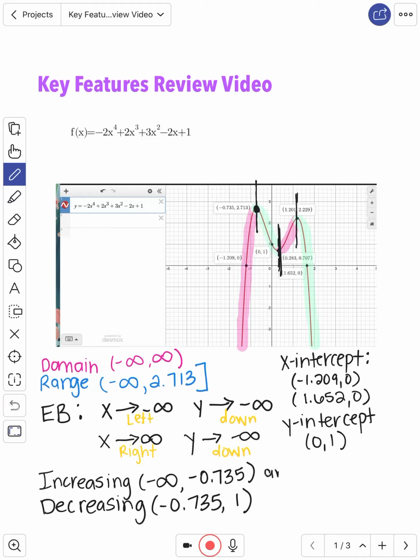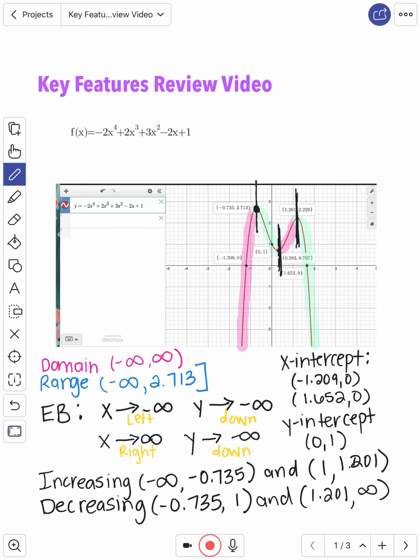All right, then we started to increase again, and we are going to be increasing from 1 to the next point, which is 1.201. And then we started to decrease again from 1.201 to positive infinity, because we're going to keep going to the right.